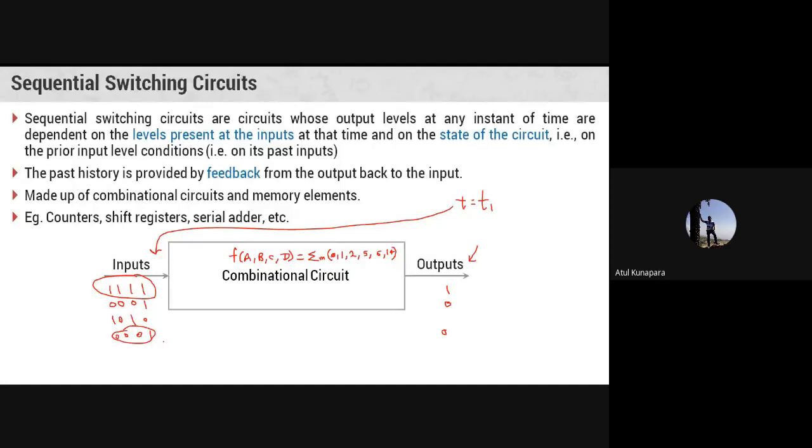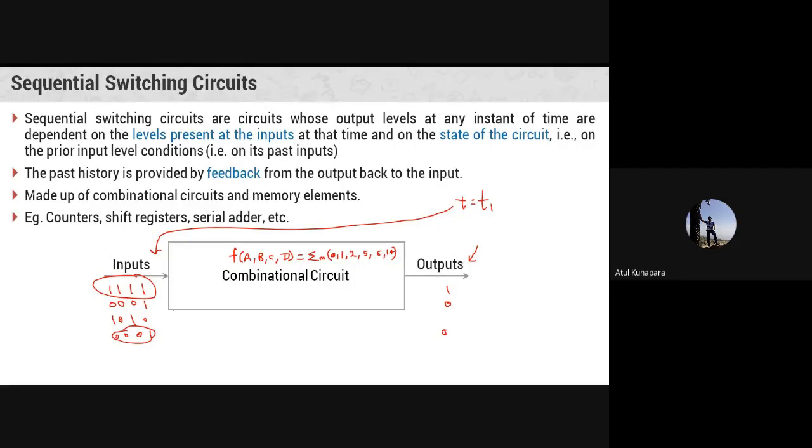But in a sequential logic circuit, there is a difference. As per the definition, sequential logic circuits are circuits whose output levels at any instant of time are dependent on the levels present at the inputs as well as the feedback level present at the inputs.